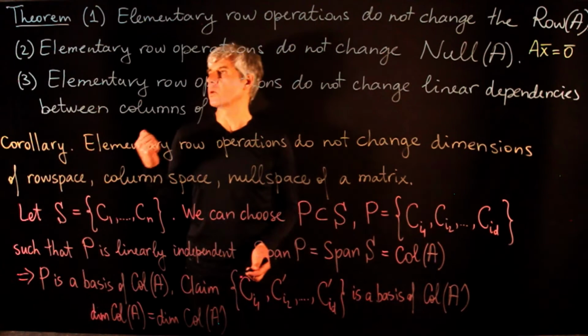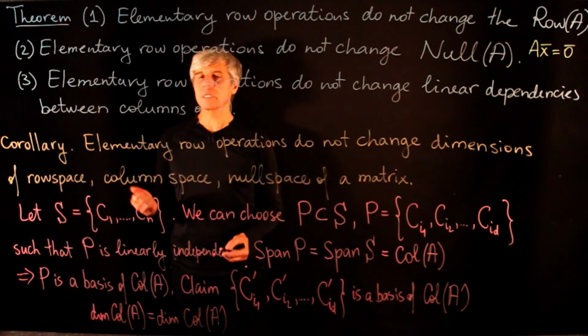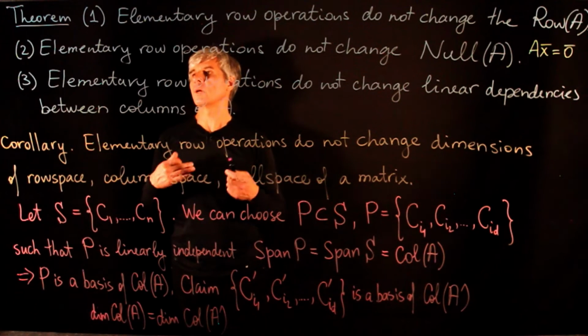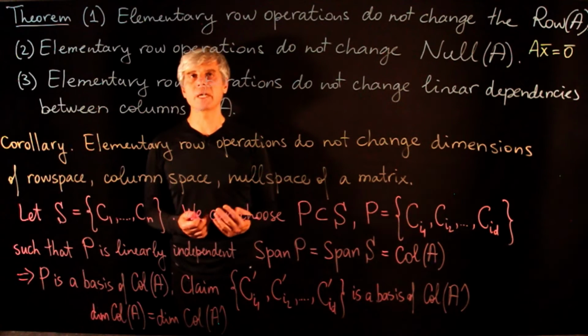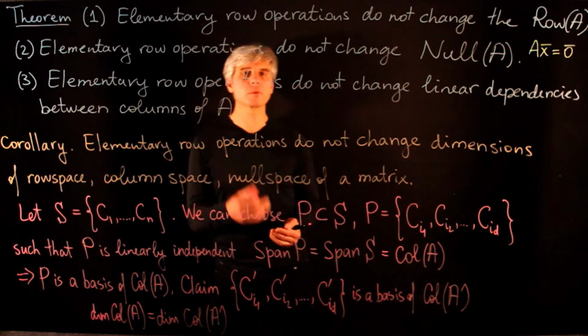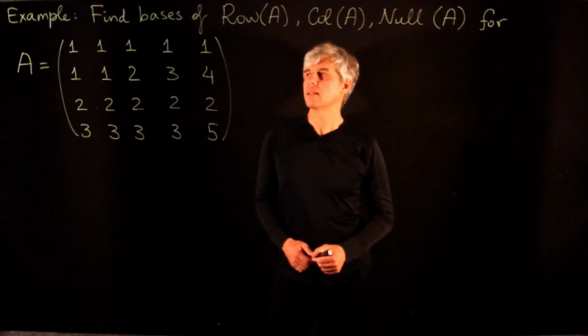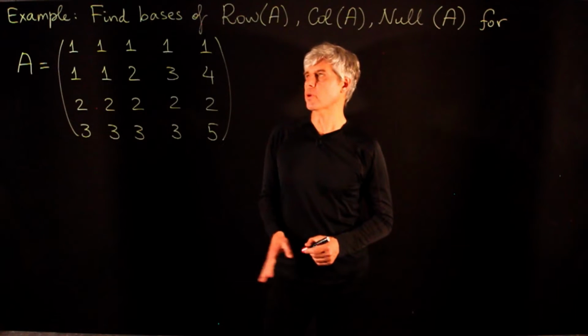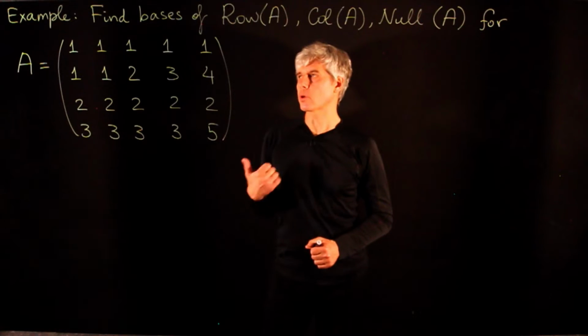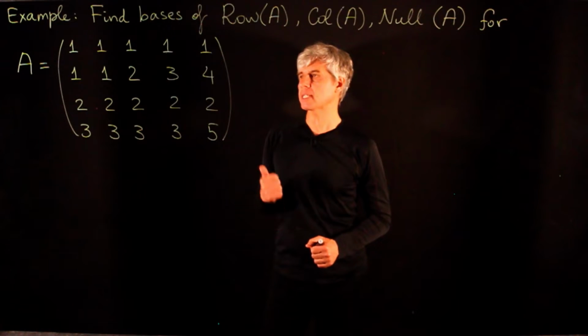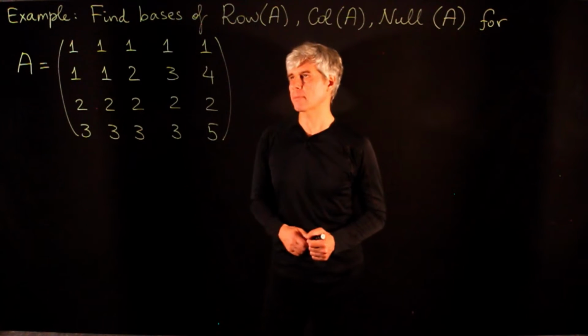Now, next we're going to consider one example where we take a specific matrix and work out what the bases of the row space, column space, and the null space are. All right, so let's solve the following problem. We want to find the bases for the row space, column space, and the null space for the following matrix.